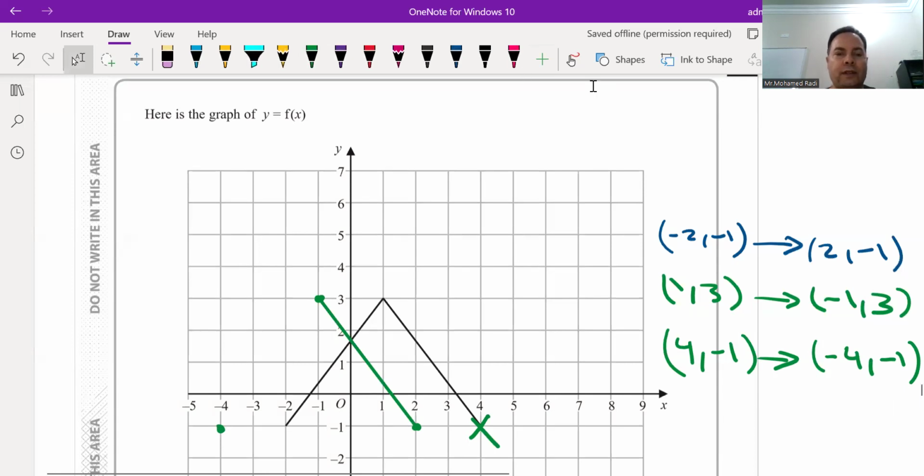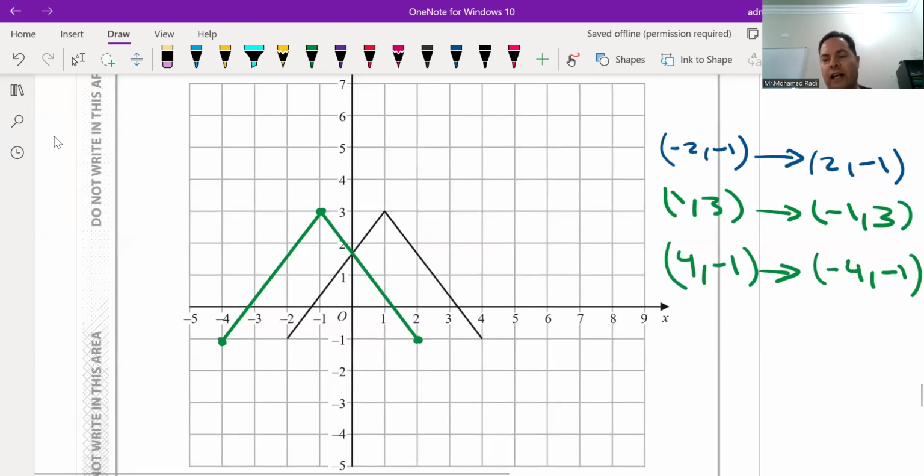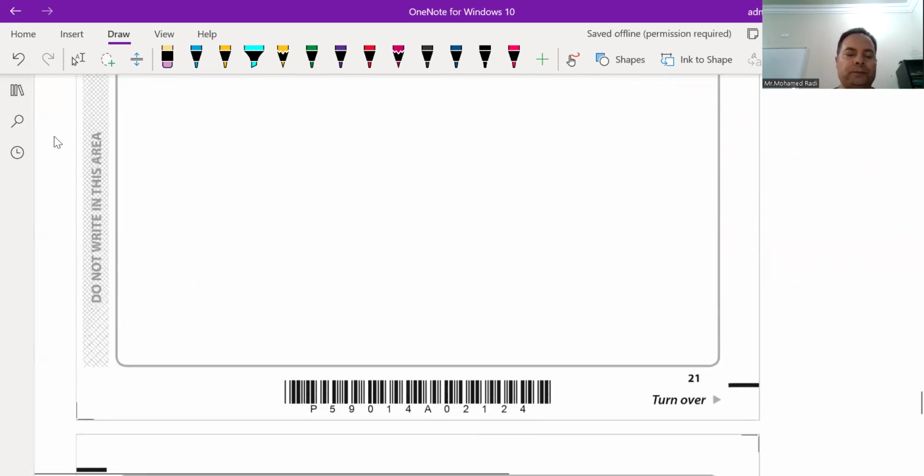Plot the points, then join. The point that was on the right side is now on the left-hand side. If you look at each point, you will get it reflected about the y-axis. It means if it is on the right, it will be on the left. If it is on the left, it will be on the right. That shows the difference between how to apply and describe. This is called reflection about the y-axis.